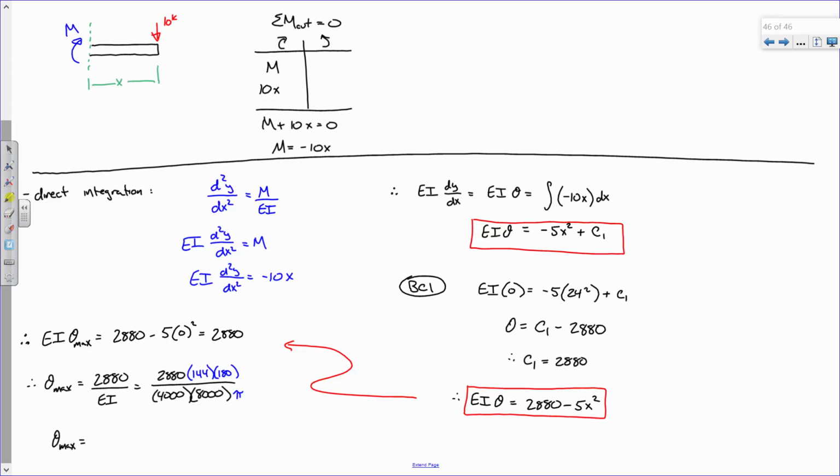And so what does that come out to be? 0.743. Do I have a second on that?